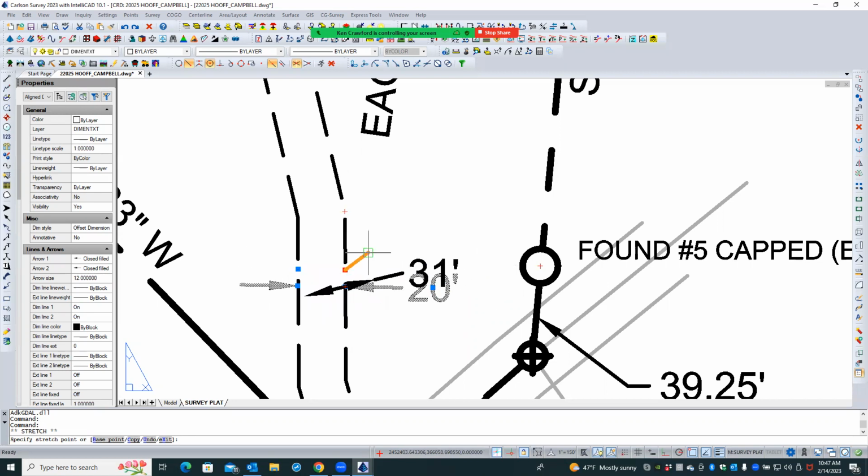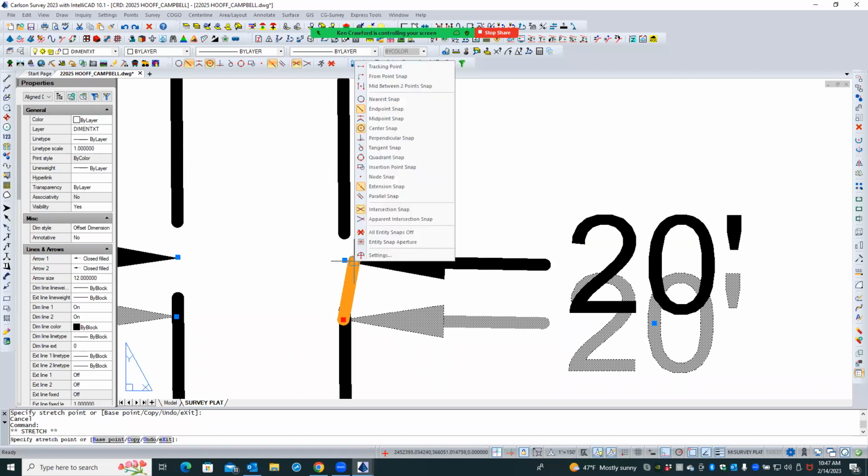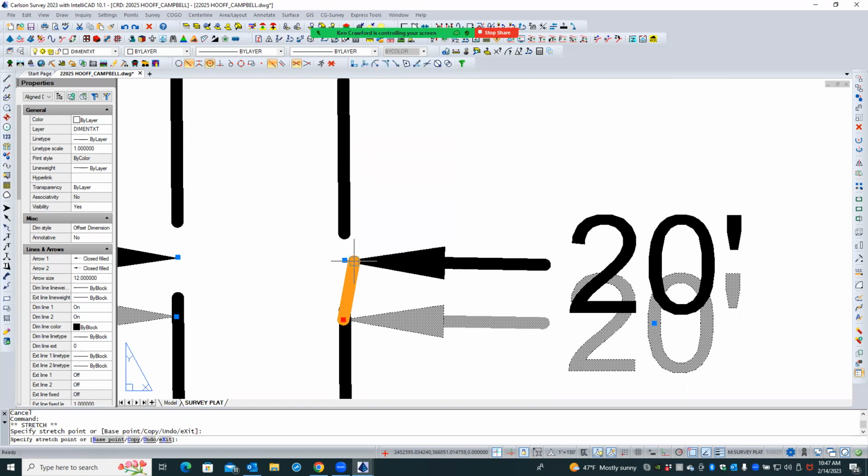So if you did want to bring those to the same point, you would move it from there to, I can't quite snap to it right there, except it's snapping to endpoint. Let me go to node.